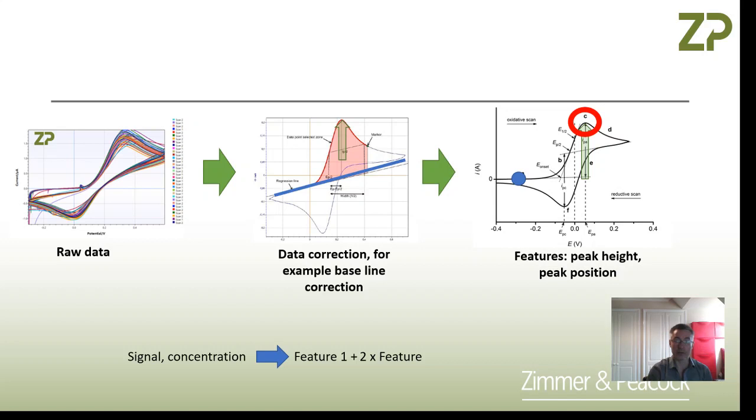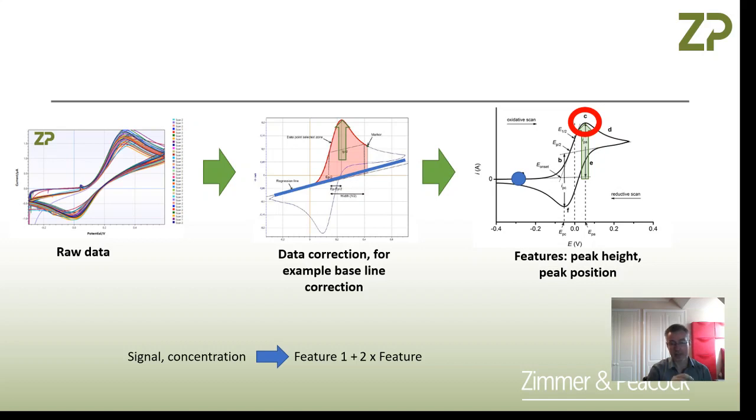After that, we have to look for features in the raw data which are indicative of the analyte of interest. For example, in cyclic voltammetry, the peak height is often proportional to the concentration of the analyte of interest, so that's good. But also the peak position is related to the analyte of interest.